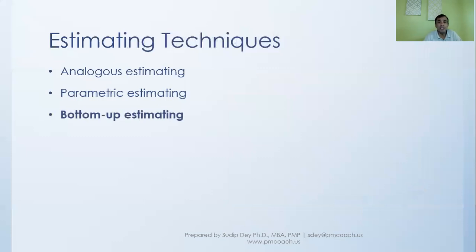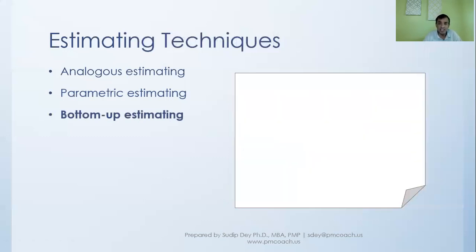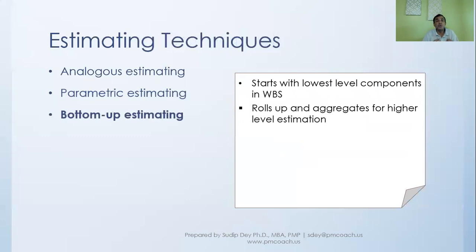Then there is something called bottom-up estimation. Now, bottom-up estimating is, as the name suggests, it starts with the lowest level component in the WBS. So what we do is we look at each of the work packages in the WBS, which are the lowest level components, and we talk to maybe whoever will be implementing that, deliberate, and find out how much time each of these lowest level components will take.